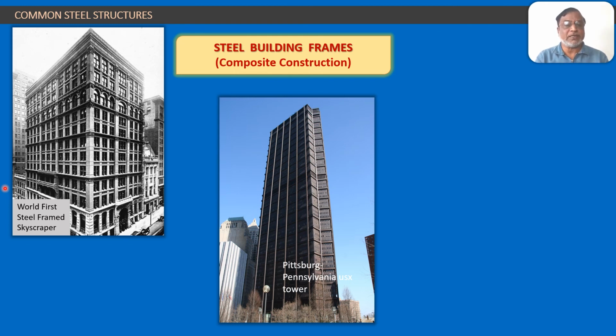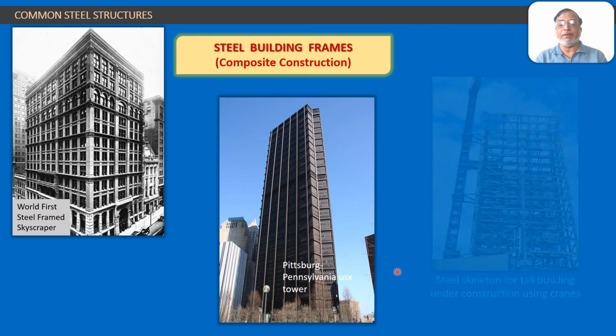So here we see a huge building, the world's first steel framed skyscraper. You can look at this building. This building from outside looks like a normal RCC building, but inside it is having a steel frame. This is another common example of a steel tall skyscraper building in which we are having steel building frames.